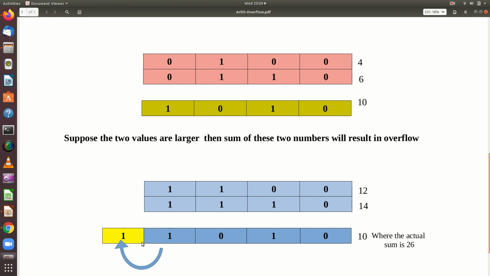But since I am having only 4 bits in the register, or you call it the memory space designated to hold the result is 4 bits, you get the answer as 1010, which is going to be a wrong value. The fifth bit will be considered as a carry bit and it is not part of the result.